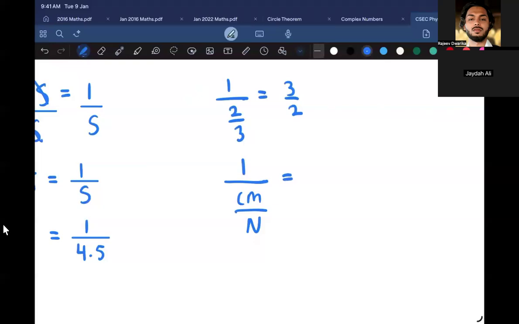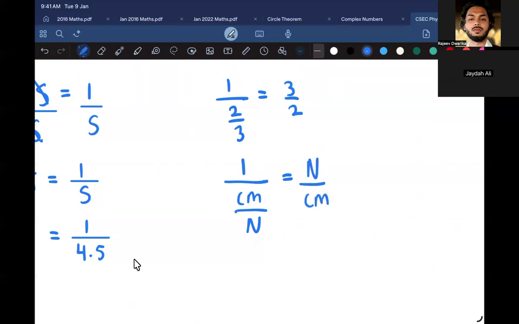What would be the new units? Tell me, Jada. I want to say Newton centimeters, but it could be Newton per centimeter.